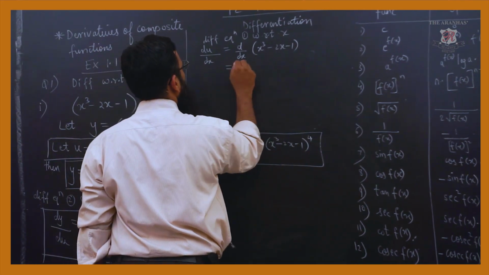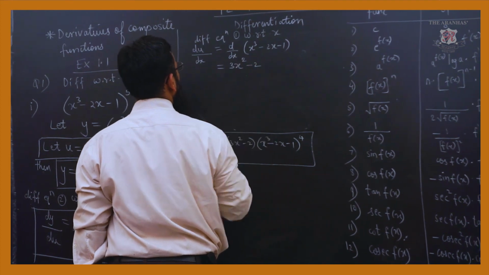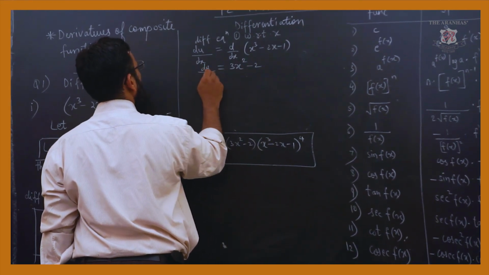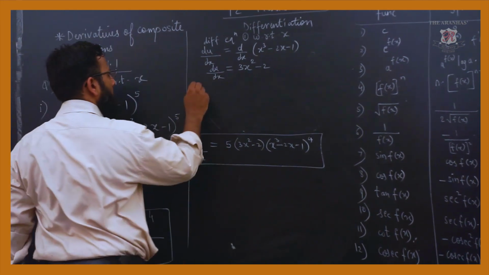So the answer comes out to be 3x square minus 2. This is our du by dx.